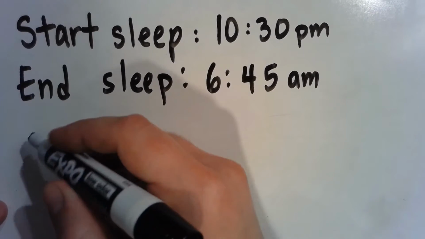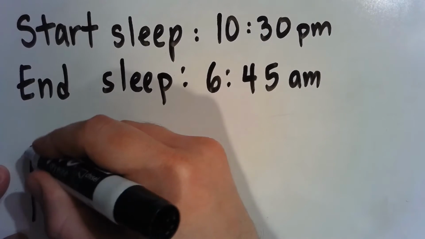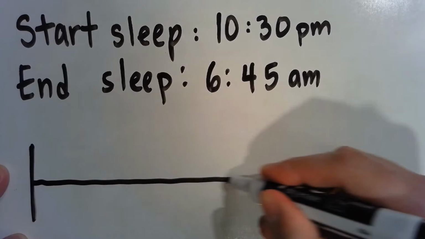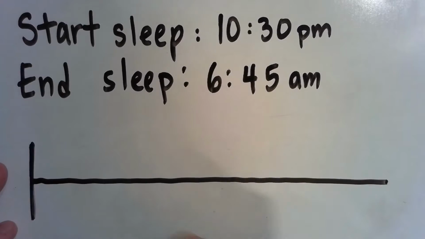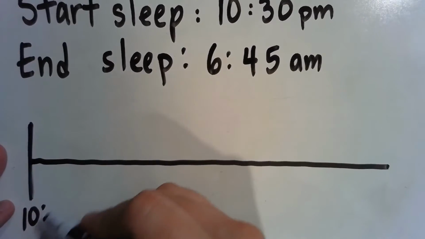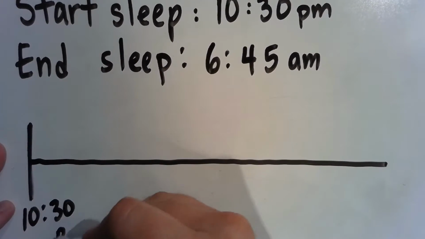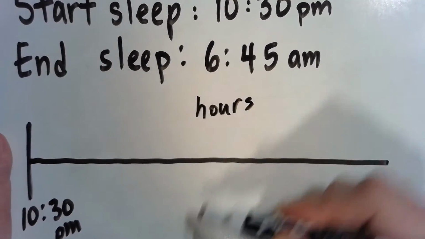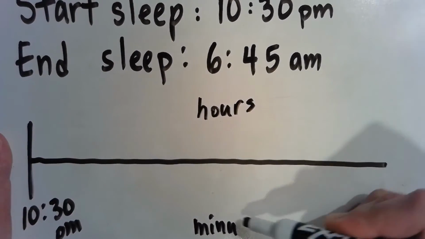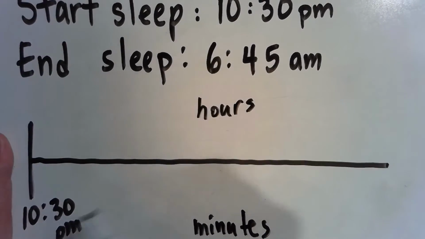I'm going to do a timeline method where I will track my sleep from the beginning until the end. At the beginning it's 10:30 p.m. I'm going to make my hours on top and my minutes on the bottom, and I'll start at 10:30.